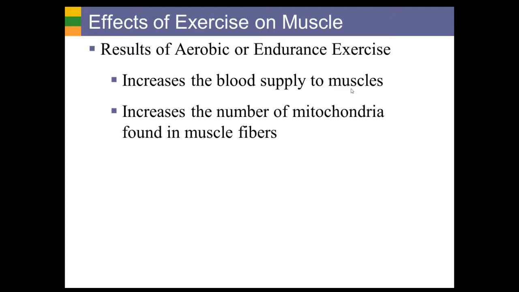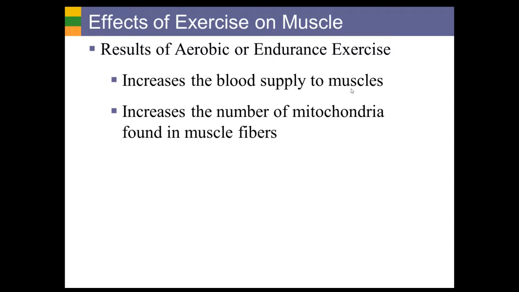Well, that's great, because most ATP is going to come from aerobic respiration. But if we deliver more oxygen to the skeletal muscle fibers, but we don't have enough mitochondria to utilize that oxygen, then we'd be in the same place. So the skeletal muscle fibers literally create more mitochondria.